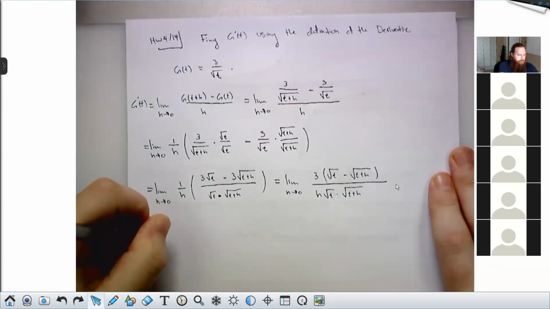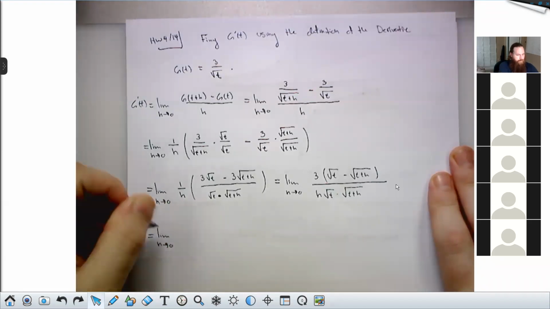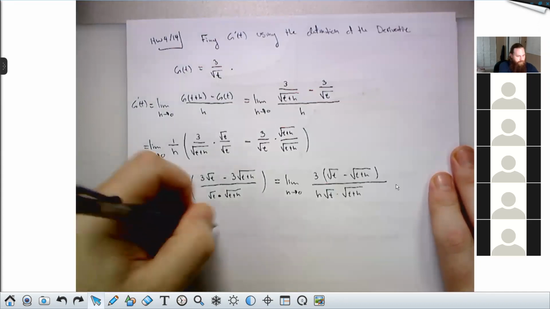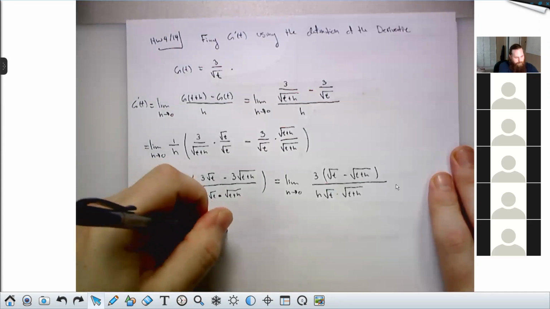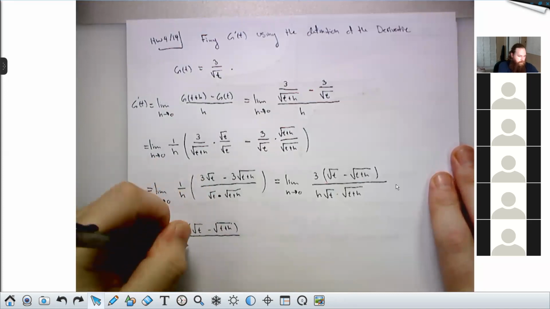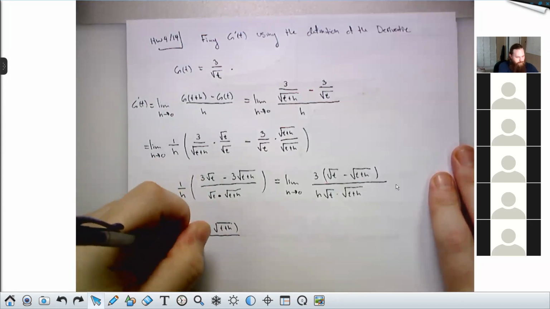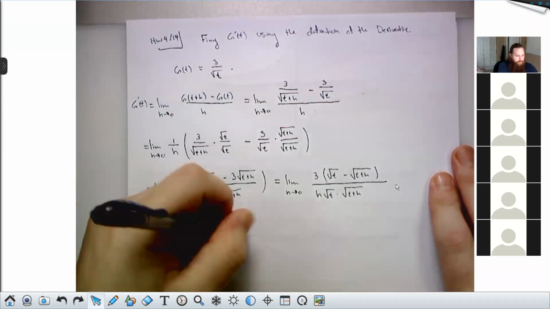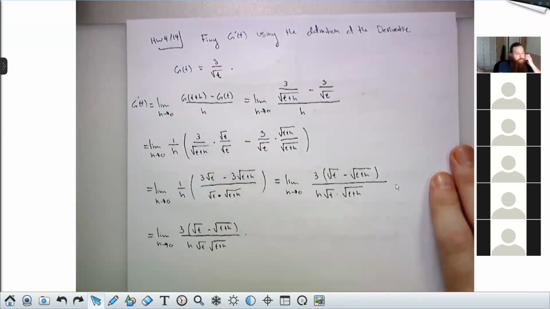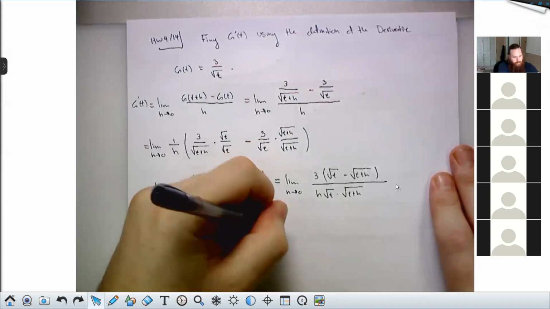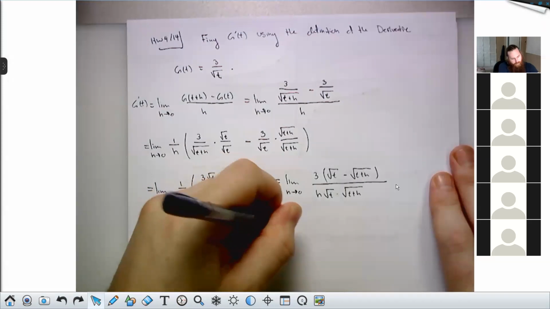So I'll have limit h to 0, 3 times root t minus root t plus h over h times root t times root t plus h times the conjugate, which is root t plus root t plus h.